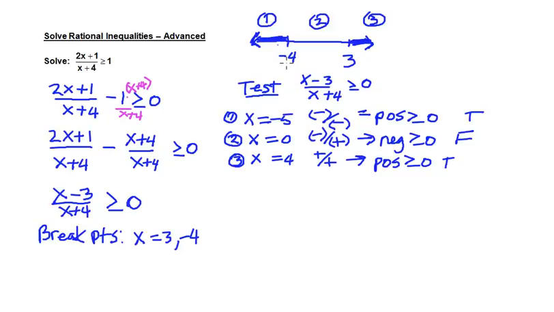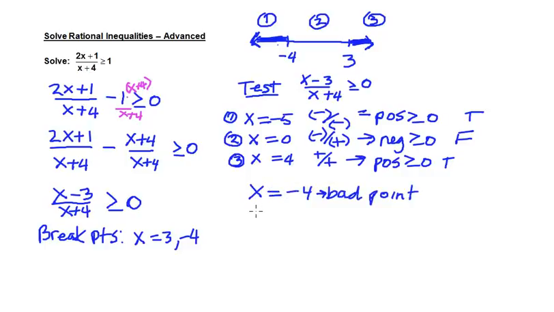So I look at this breakpoint at -4, and when I look at the inequality, it has an equal to symbol, so usually I would expect that this would give me a square bracket to include that point at -4. But we also have something happening here with the denominator, and that is that when x is equal to -4, it's a bad point.